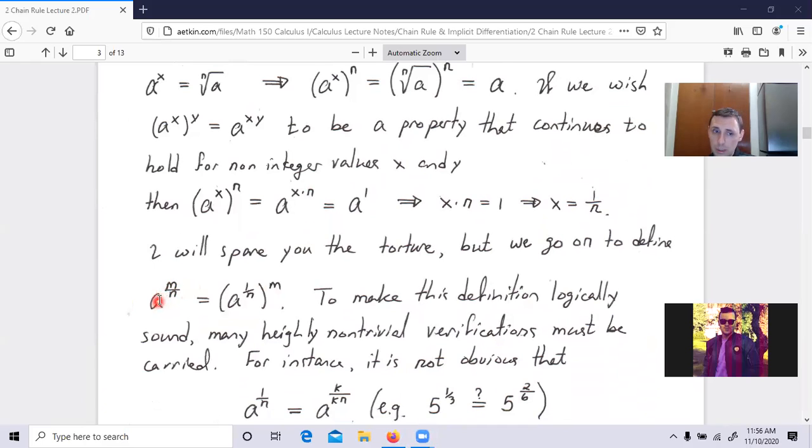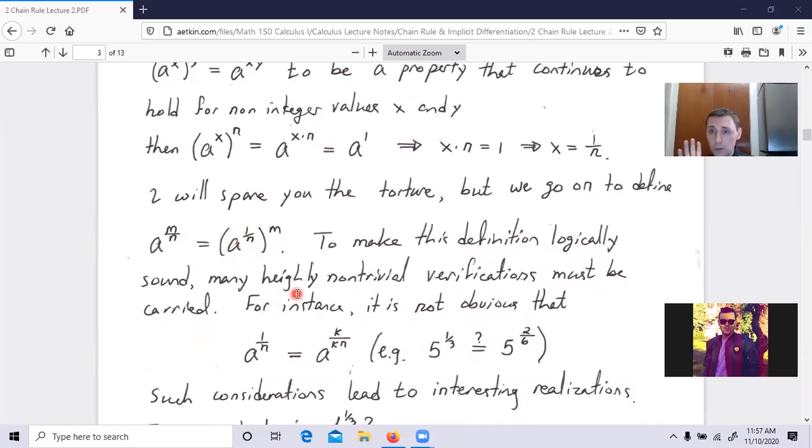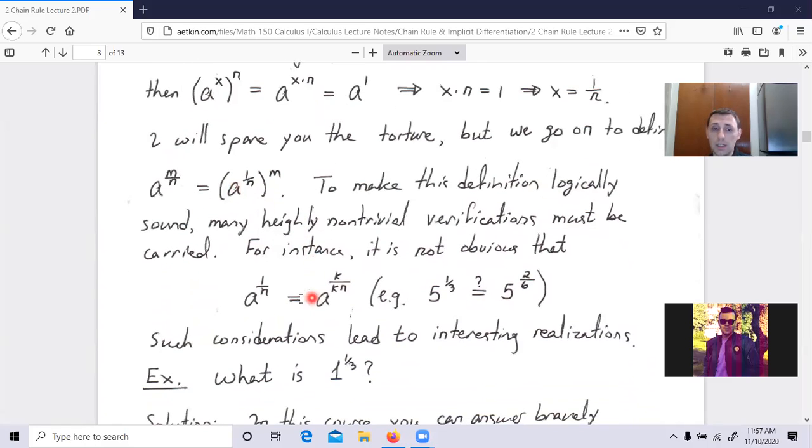But you can see that a to the power of m divided by n I can define as a to the 1 over n raised to the power of m. And that is non-trivial to verify, because look at it, guys. What does this mean? So for instance, I might say that a to the 1 over n as a fraction equals k divided by kn.